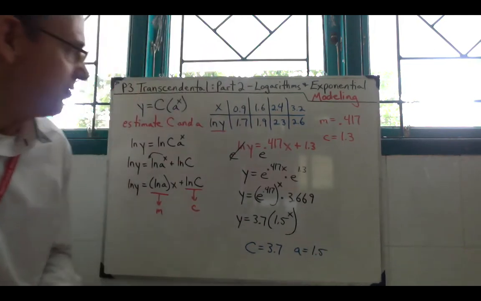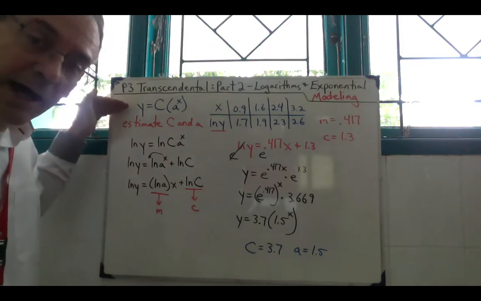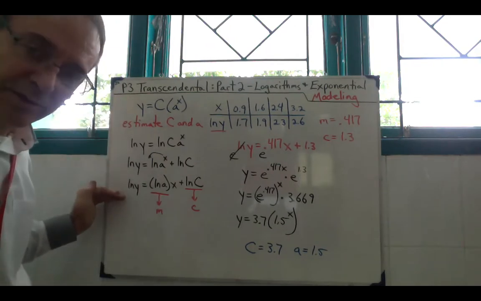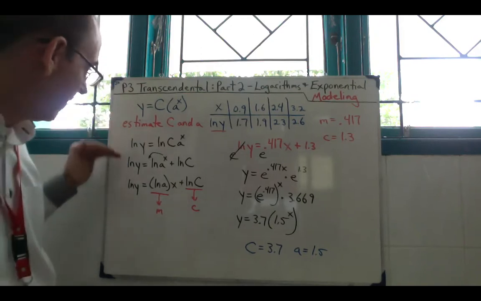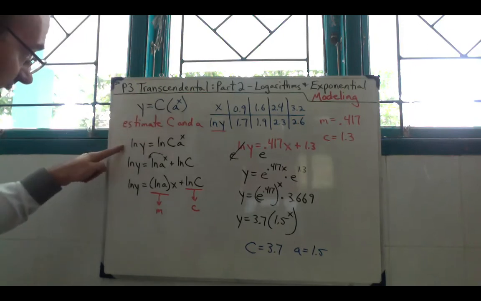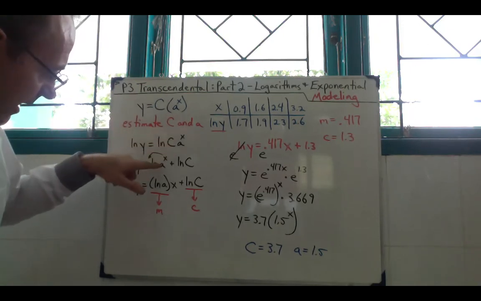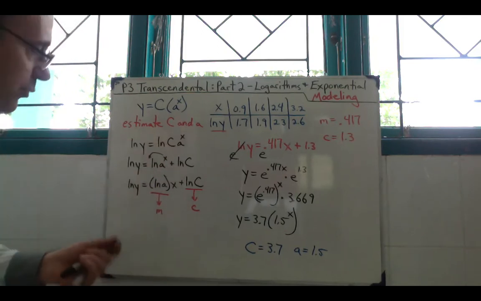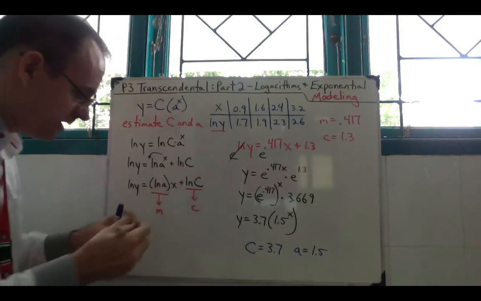Now, you could also get this going from the model to the linear. If you worked it from the model to the linear, you would ln both sides. Your ln then expands from a product in the argument to an addition of logarithms.